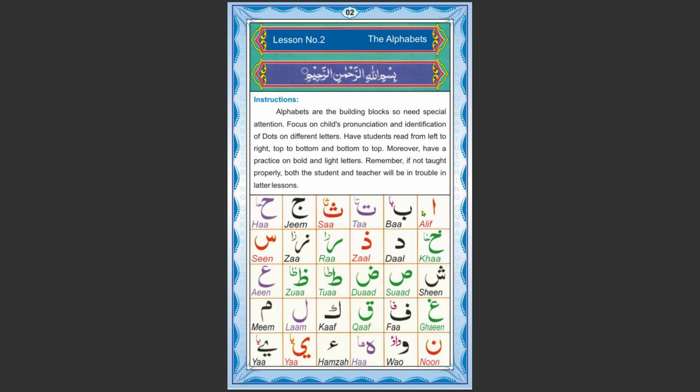So let me revise the previous lessons for you first from the start, which is from alif. Please repeat each and every alphabet after me.